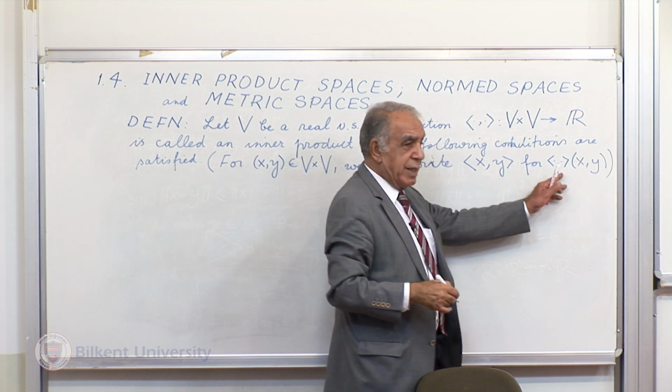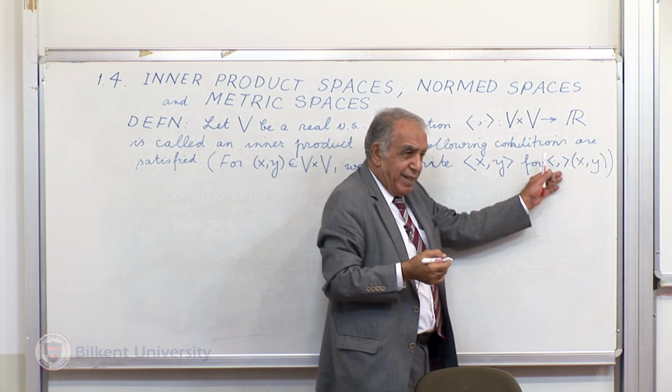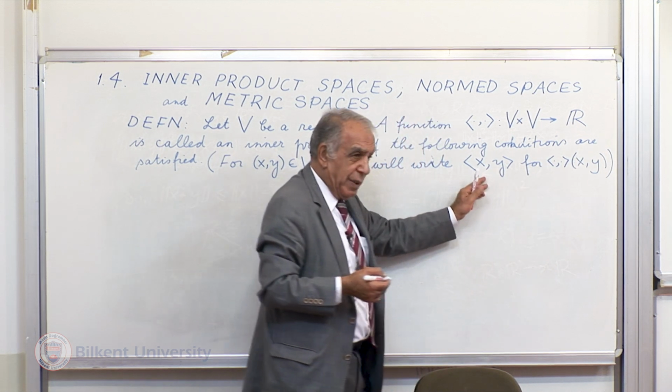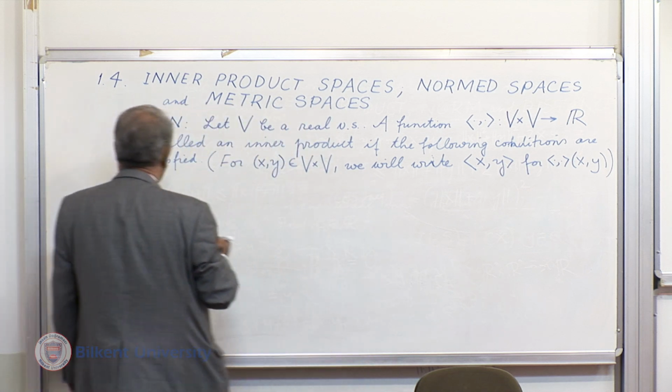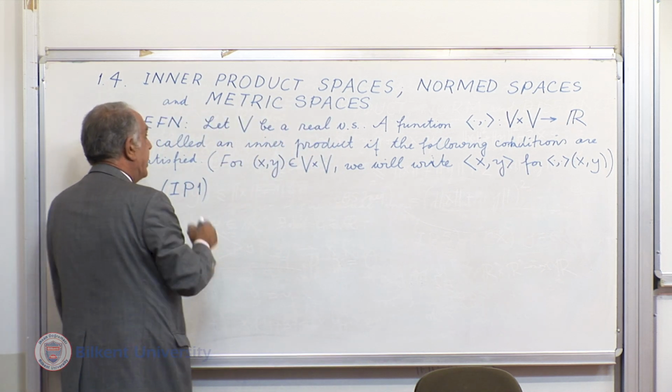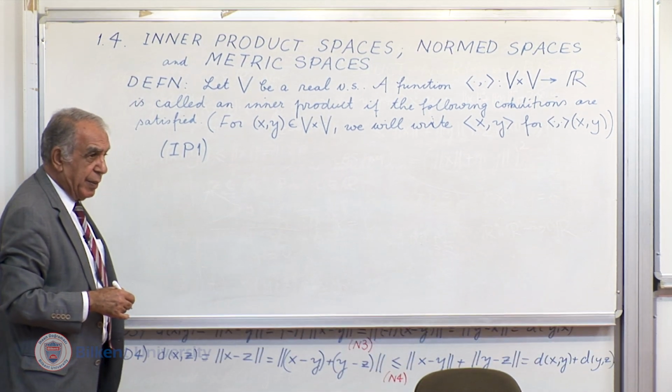Okay? If this is for the function, if it's like f, then I'd write f of xy, but we'll use this. So we know the 5 conditions that we'll write.